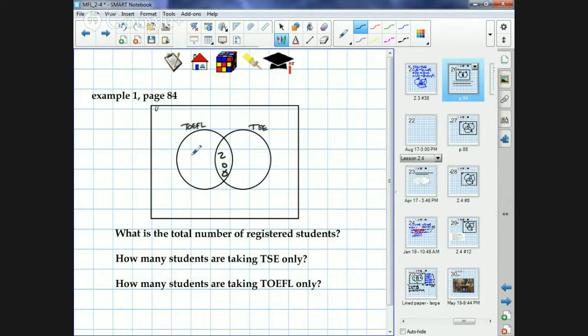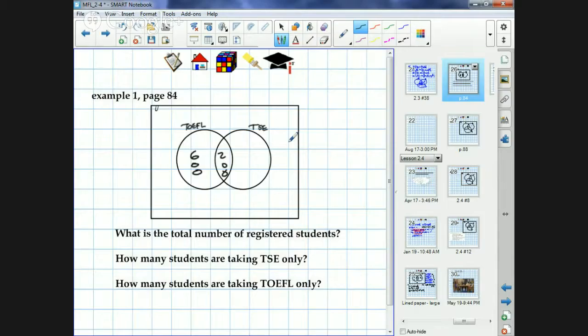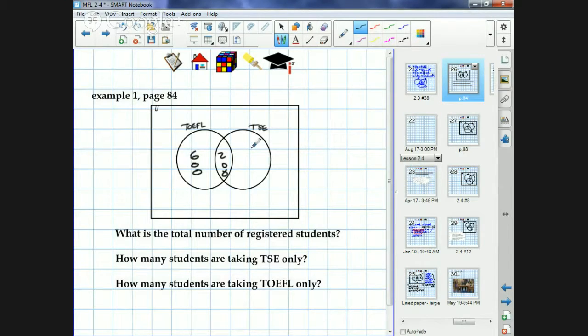Right, so we need the total to be 800. So therefore, 500. Oh, I see what you're saying. They add up to 800. All right, you got me there. And then 500 for TSE, so this is going to be 300?